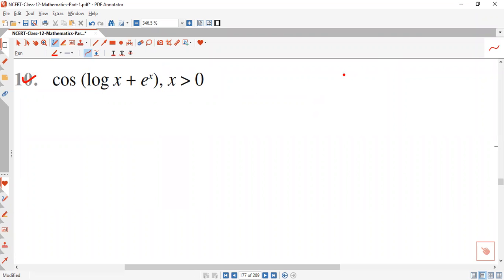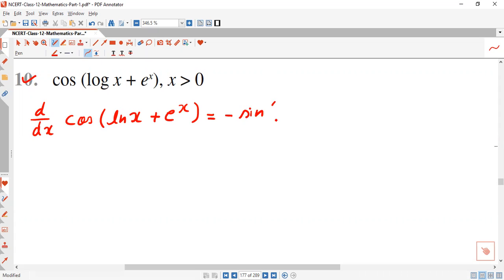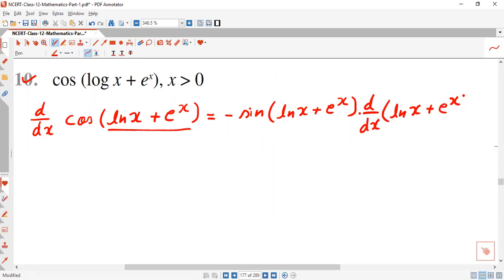I thought you remembered the formulas, but still, we say that dy dx of cos of log x plus e raised to x will be equal to what? Minus sine of log x plus e raised to x. But you see this angle is not x, this is the log x plus e raised to x function. So we have to differentiate this part.